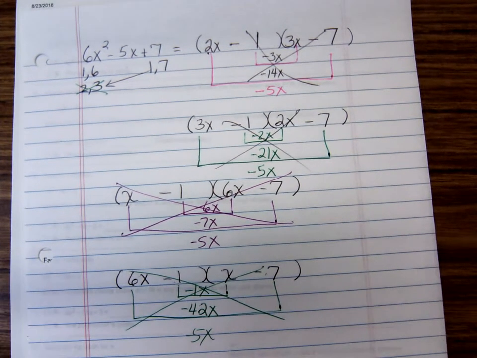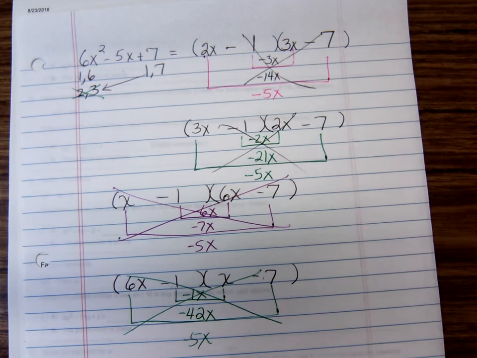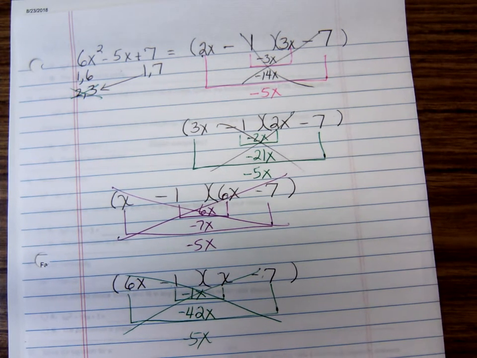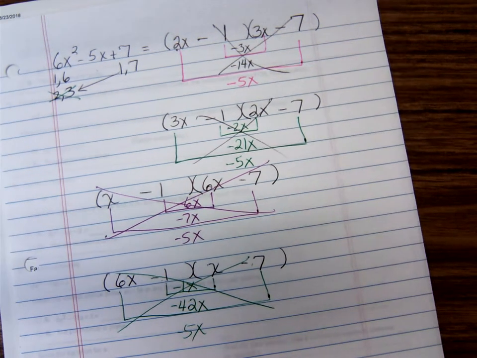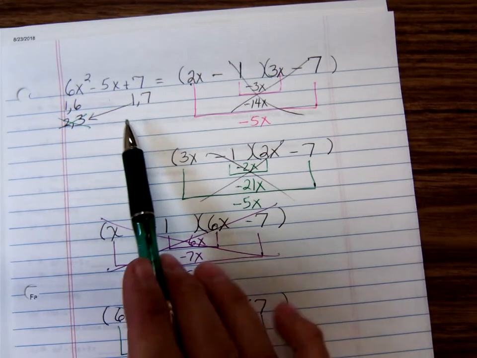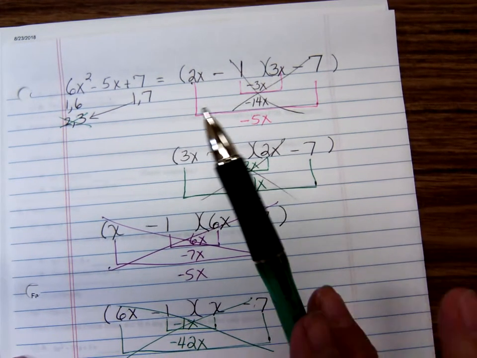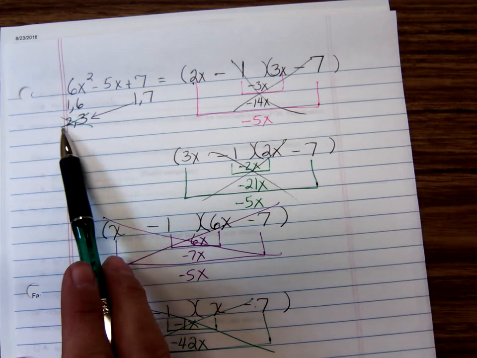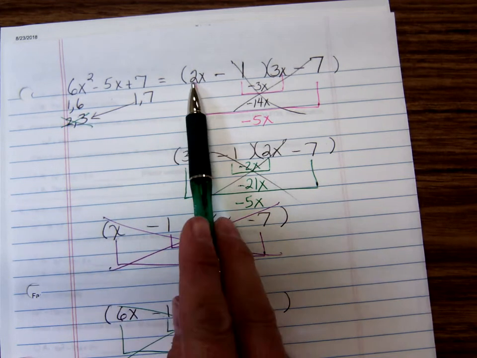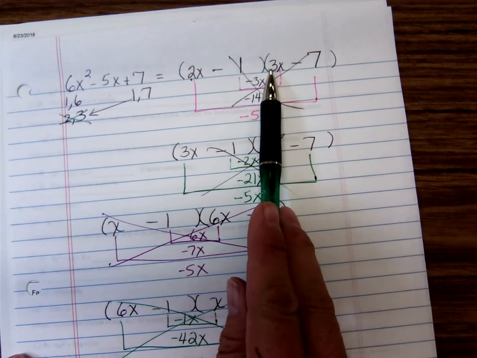I wanted to make sure that my thought process is clear here on how I did this. I've set the 1 and 7 stationary. I'm not switching them around. And then I'm switching the 2 and 3. Put 2x, 3x. If that doesn't work, reverse it: 3x, 2x.